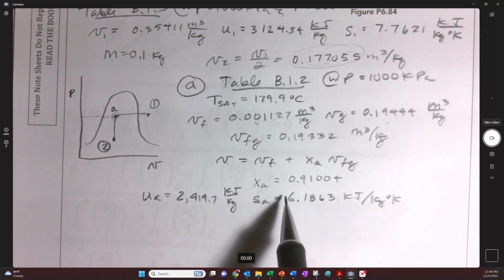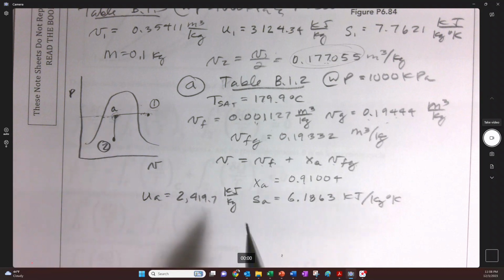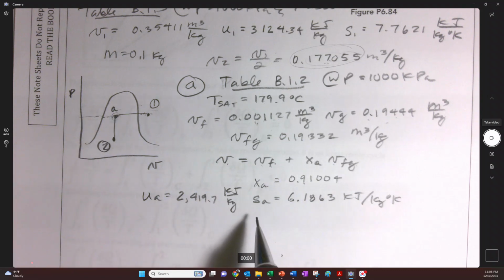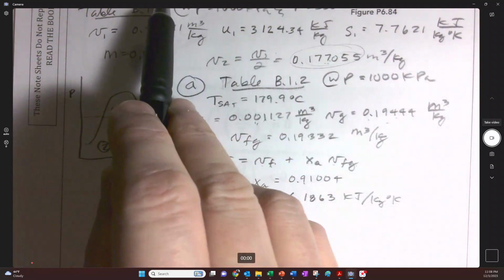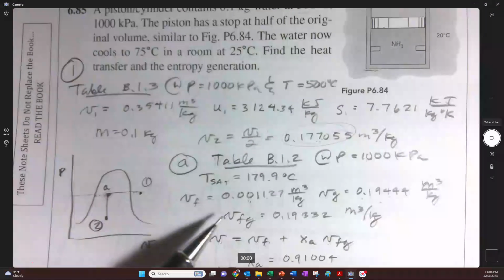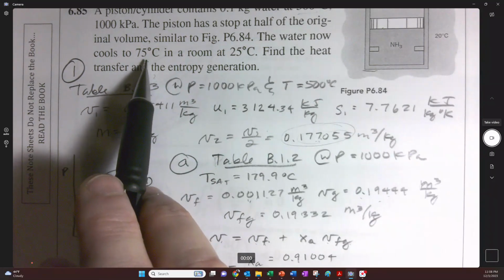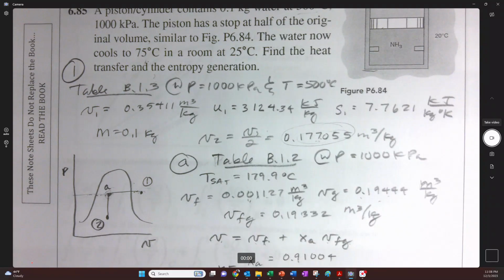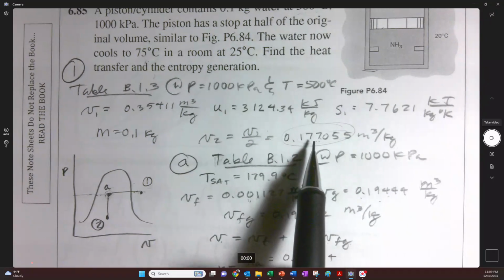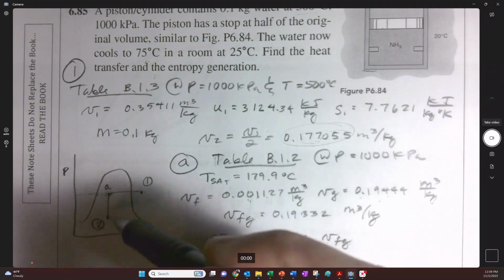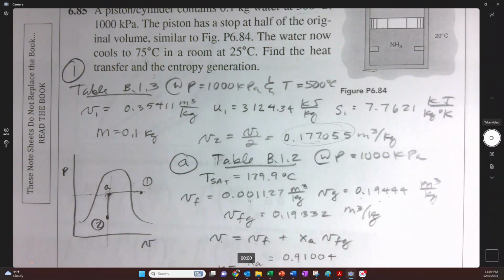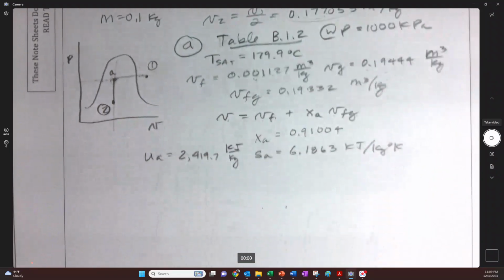Anyway, so we got this midway point right here, and we're going to keep on going down. Now it's going to go to 75 degrees Celsius, but it's going to be at this same volume, because we're going straight down. It's a constant volume process coming straight down to 75 degrees.